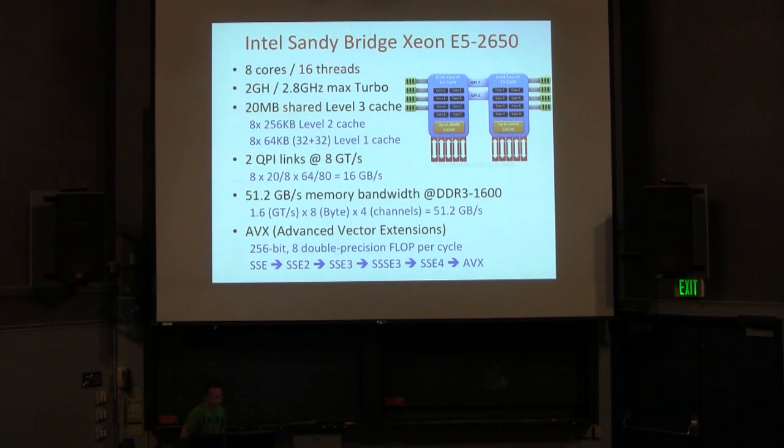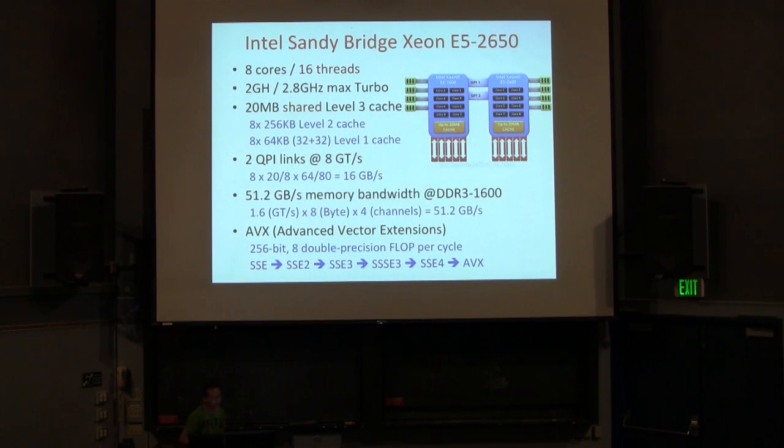And you can also see that this is similar to the quad-core system. This is also a NUMA architecture, right? Each CPU has its local memory banks, and the bus between the CPUs is the so-called QPI. Here I give you some numbers.